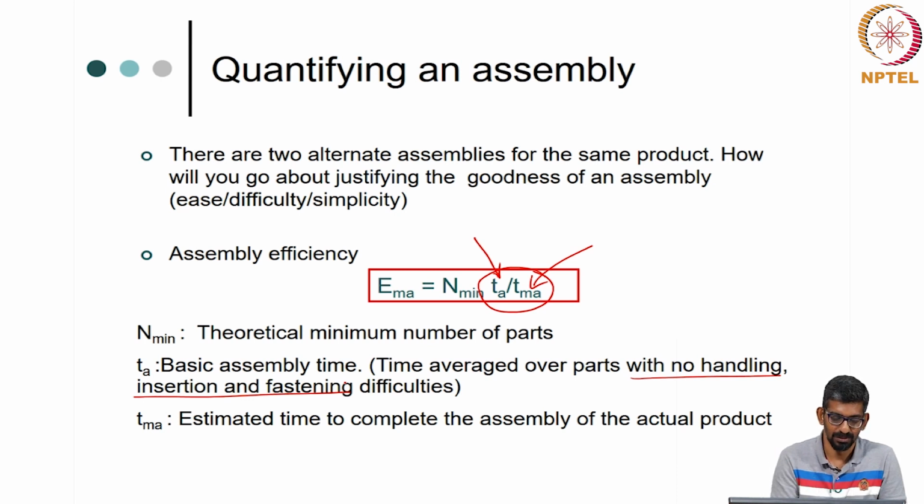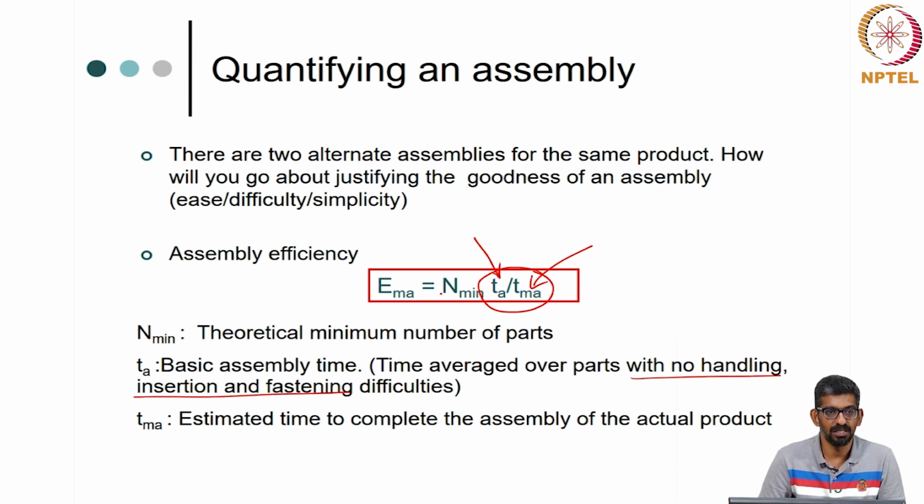That is why the ratio is always less than 1 in that sense. And n min means the theoretical minimum number of parts. You have to just multiply this with the theoretical minimum number of parts.